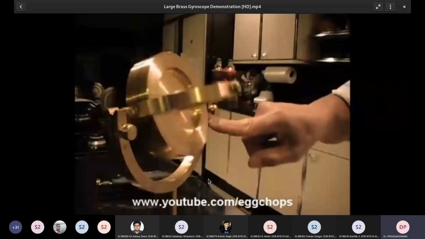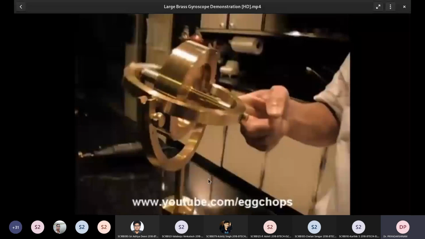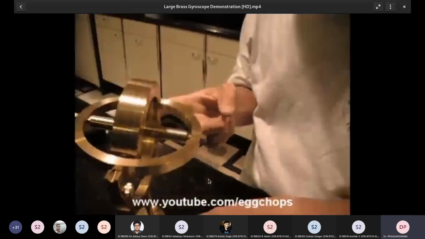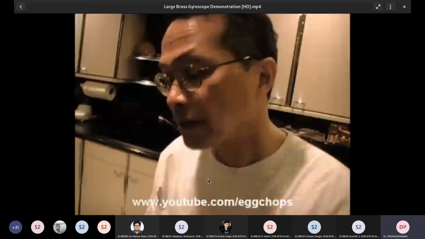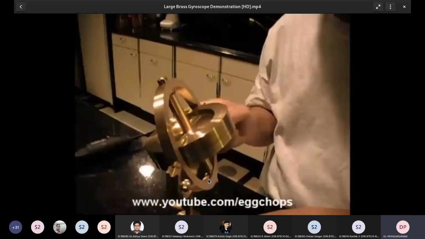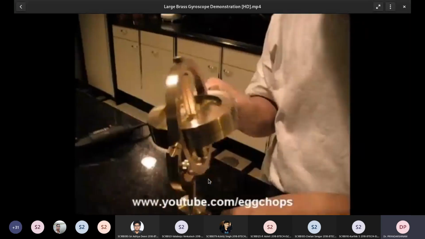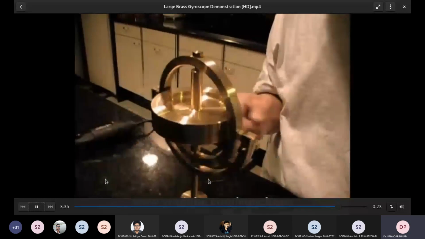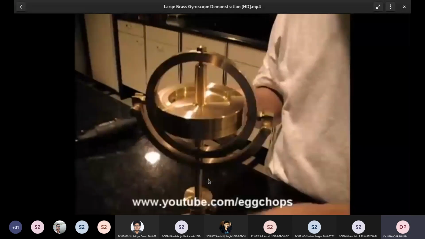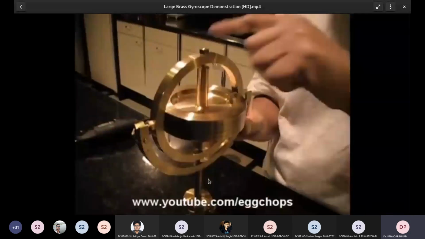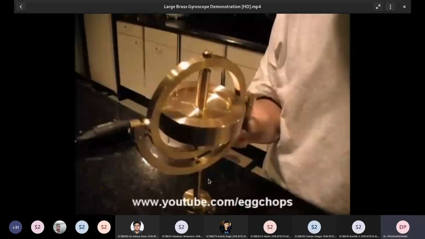So this is the basic principle for the precession, that you apply torque at one axis, but you observe the precession on the orthogonal axis. That is what is being shown here. This is the basic fundamental principle for a gyroscope's working. So the amount of angular movement will depend on how much force or torque is being applied on the vertical axis.